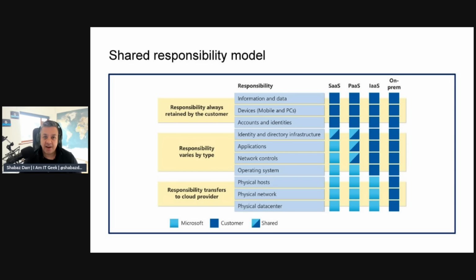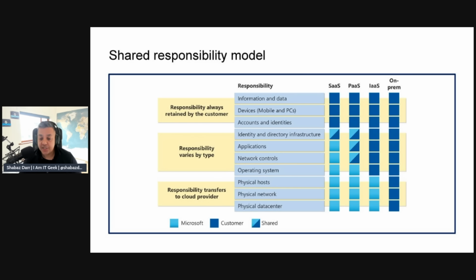This varies depending on the type of service. For identity and directory infrastructure, for SaaS and PaaS this is a joint responsibility, kind of 50-50 between the customer and Microsoft. But as we go to IaaS and on premises, this is fully customer responsibility.